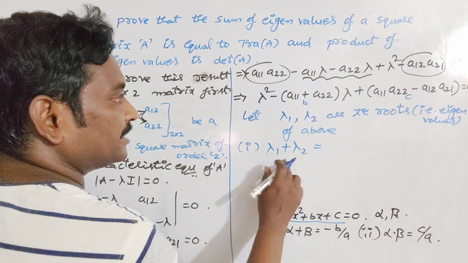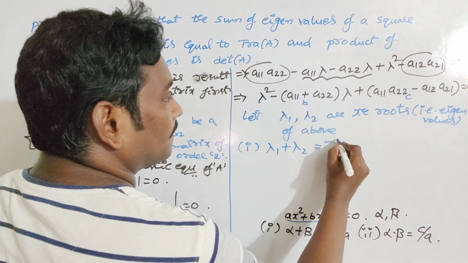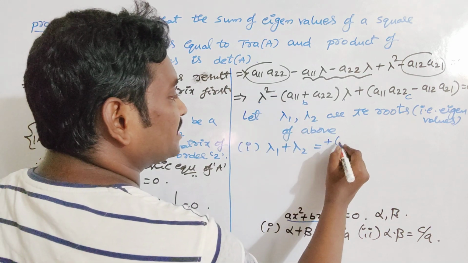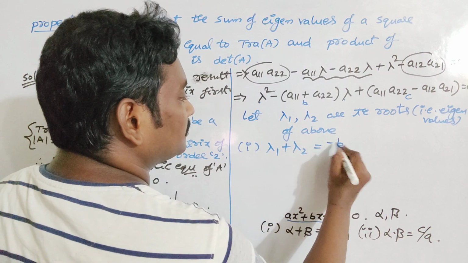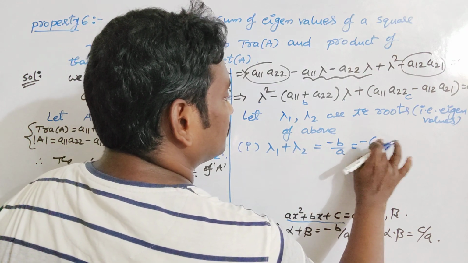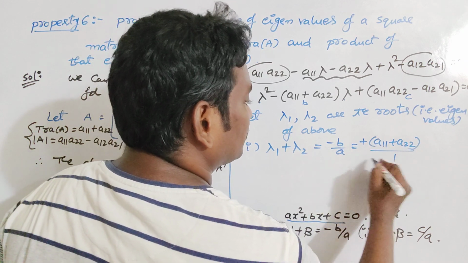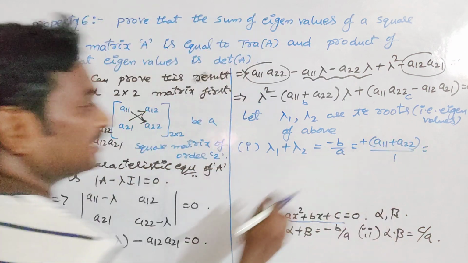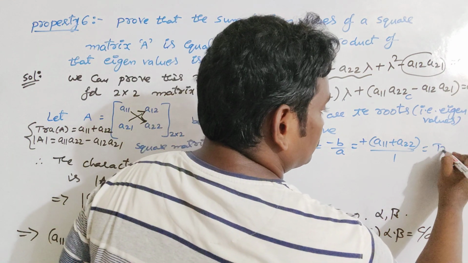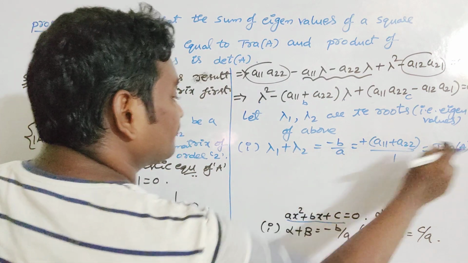Minus B by A. Here B is negative, so minus of minus, first you should write the formula, gives plus A11 plus A22 by 1. What is it? A11 plus A22, which is the trace. So we got the sum of eigenvalues is the trace of A.